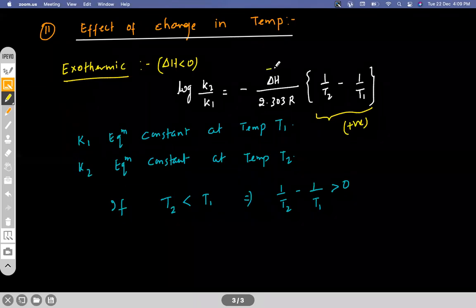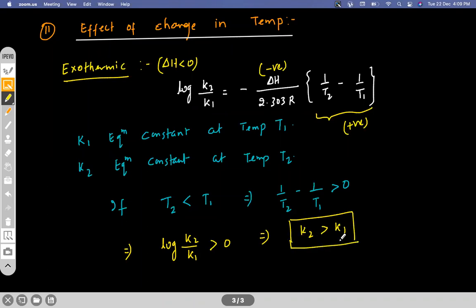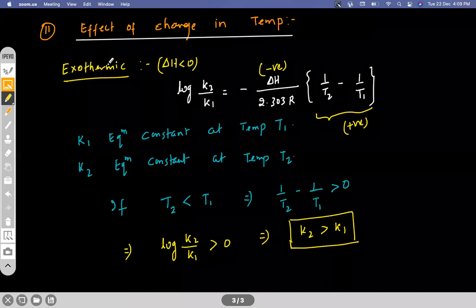Delta H is negative, so negative times negative times positive is positive. This means under this condition log of K2 by K1 is greater than 0, which leads to K2 greater than K1. This means that as temperature decreases, the equilibrium constant increases in an exothermic reaction.